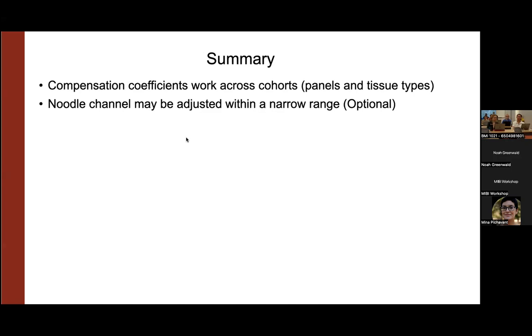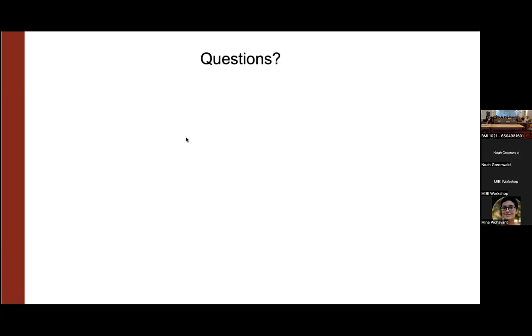As for the previous discussion, we are still collecting data from other sites to see if any of the other channels need to be adjusted. But from our experience so far, it seems that the Noodle channel is the most likely candidate to be adjusted. That's cohort specific. All right, with that, thanks everyone.